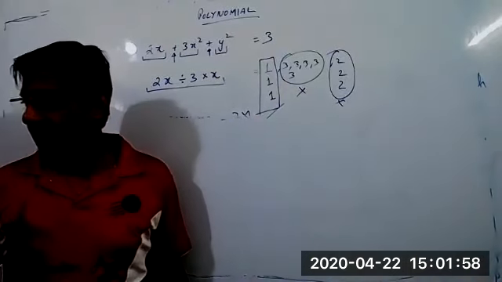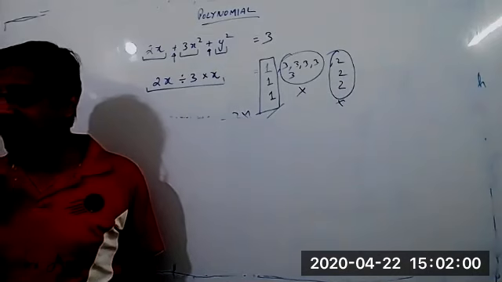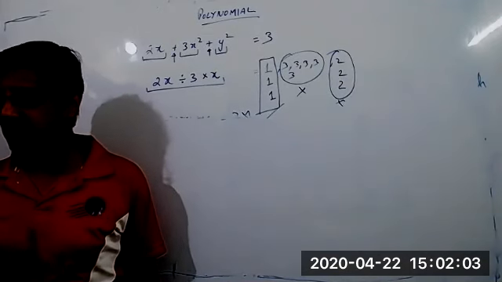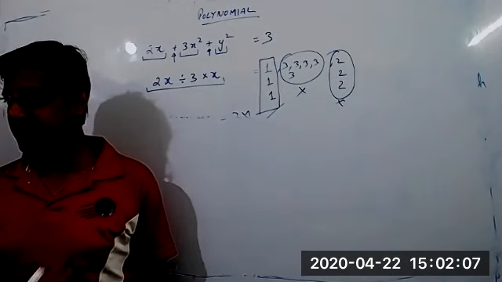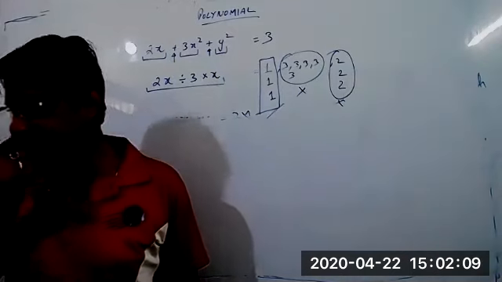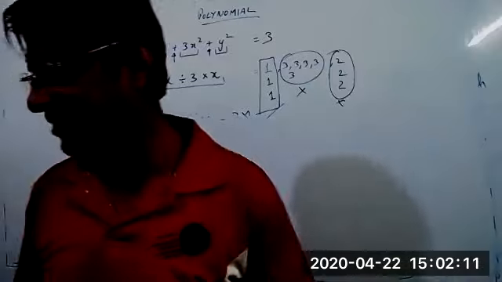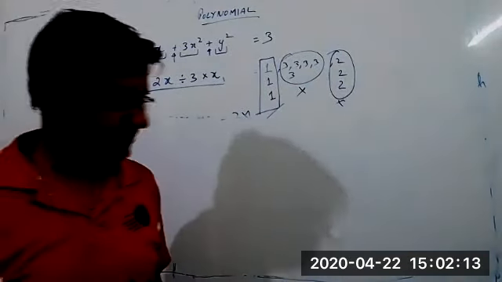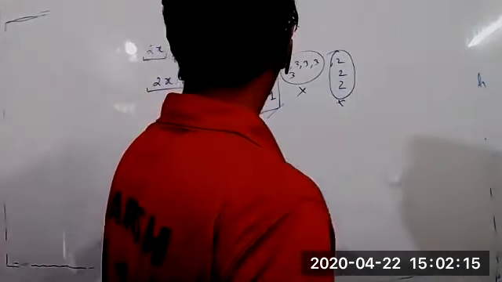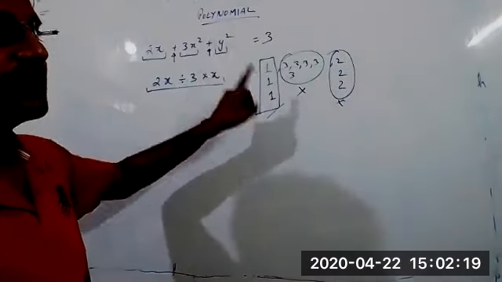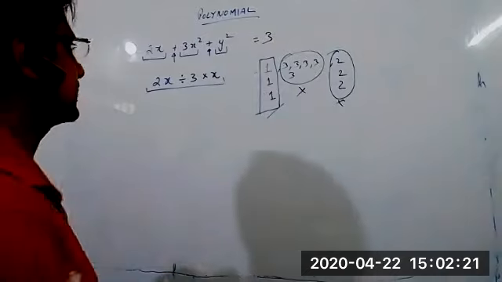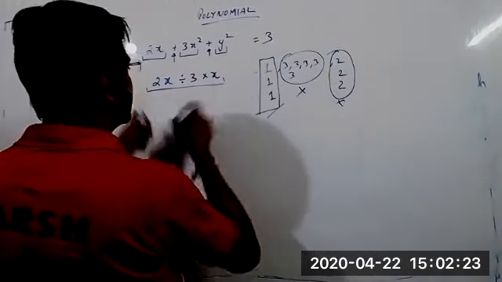Terms are separated by either plus or minus. That's it. No multiplication, no division. It's your class 8 concept. So this is 3 terms and this is 1 term.